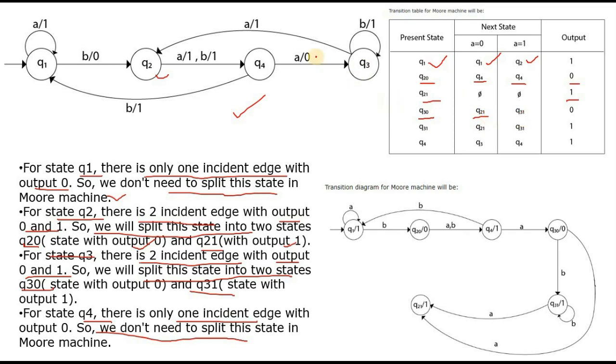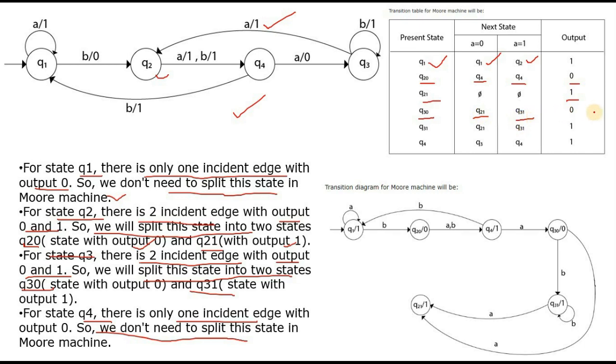Q3 0 will go to Q2 1. Why is it going to Q2 1? Because Q2 1 has value 1. And one more, it will go through Q3 1 because it's 0.